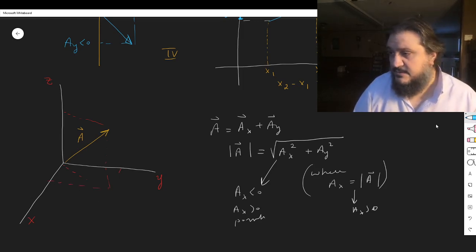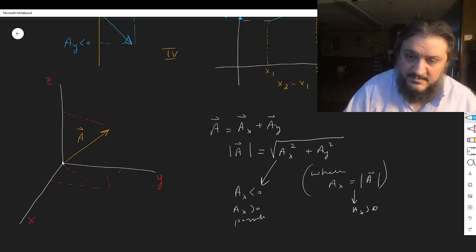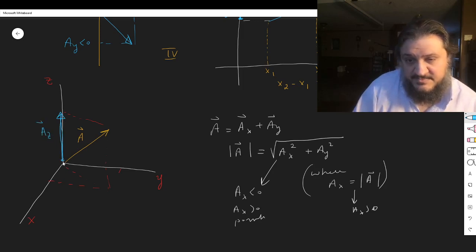If you draw your vector now, this is your az, this component vector here, and this will be your ax, and this vector here will be your ay. So A can be written as ax and ay and az all added.